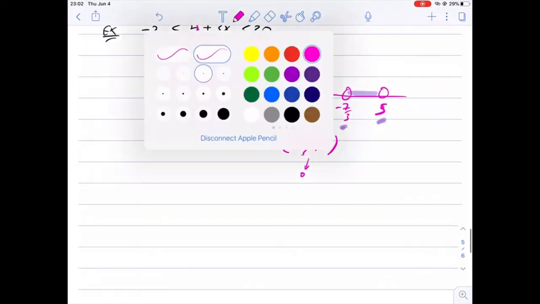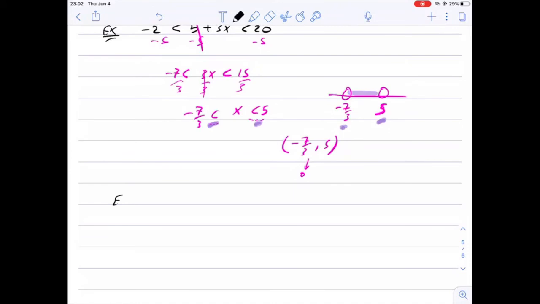Now one simple application is revenue and cost. If the cost function is given by 35x plus 500 and the revenue is given by 60x, we want to find x, the number of products, that satisfy the break even.